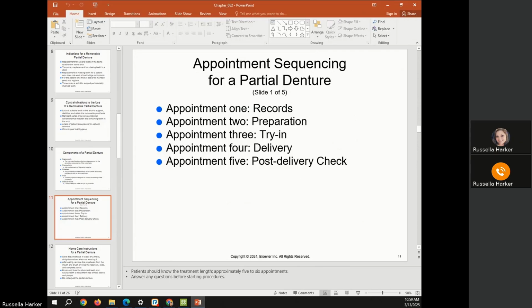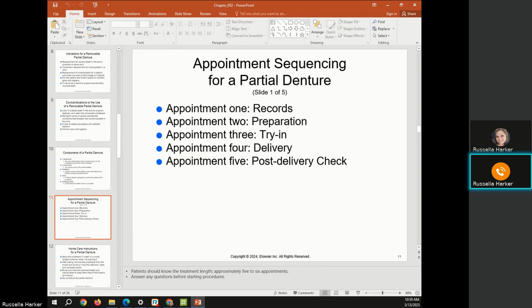Appointment 4 is a 20 to 30-minute appointment that is usually adequate for delivery of the partial denture. On the day before the appointment, you need to verify the case has been returned from the laboratory. Appointment 5 is the post-delivery check, about a 10 to 20-minute appointment.